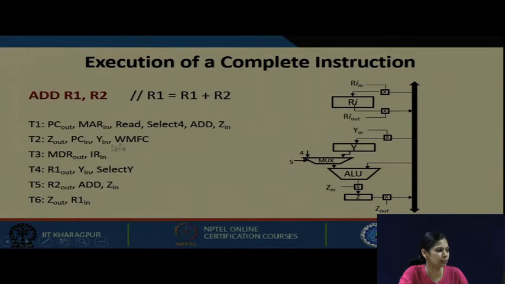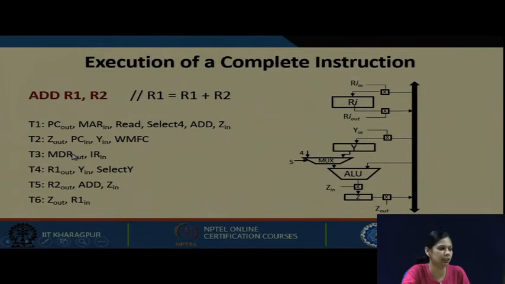Once this is performed, we do MDR out, because the instruction read as pointed by PC is now available in MDR. We transfer that to IR. We are doing MDR out and IR in. That means in these 3 steps we have just fetched the instruction from memory.